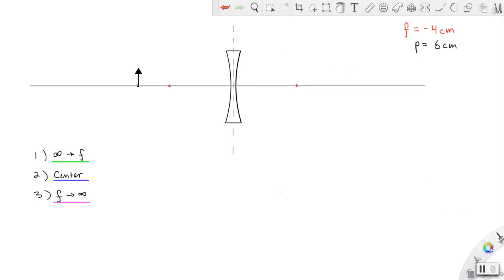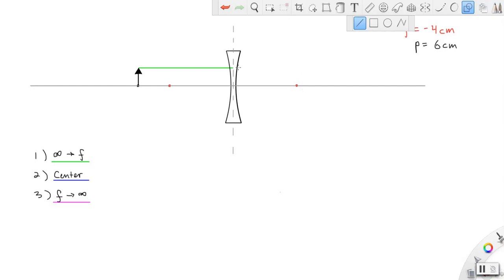So we'll begin with our parallel to focal, but don't be misled by the term, because essentially what we're doing here is, instead of going toward this focal point on the other side, we're actually going to be diverging away from the focal point.